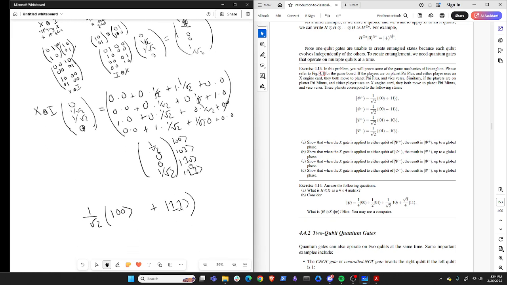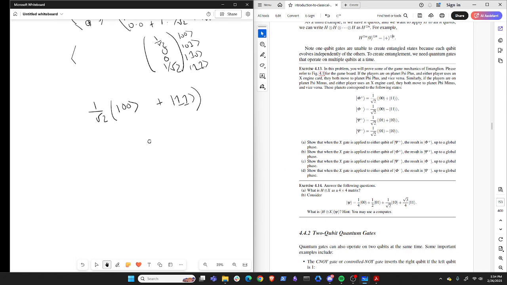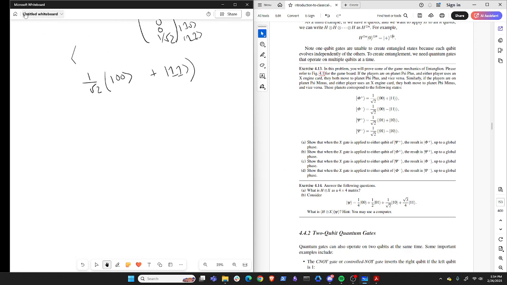So pretty much when the x gate is applied to either of those, it shifts into a different superposition. It shifts in between the Bell states, the classic set of entangled states that we'll find out more about later.